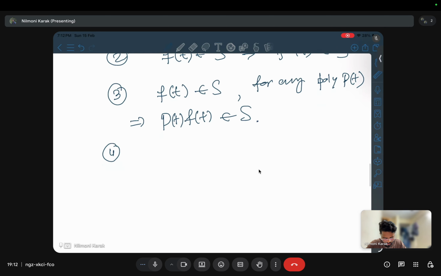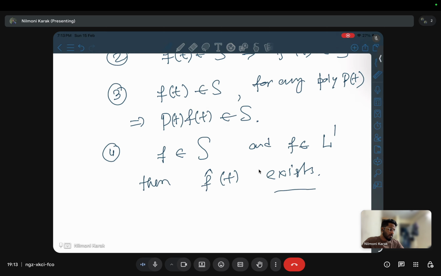Number four: if f is in S, and f is in L1, then f hat exists.